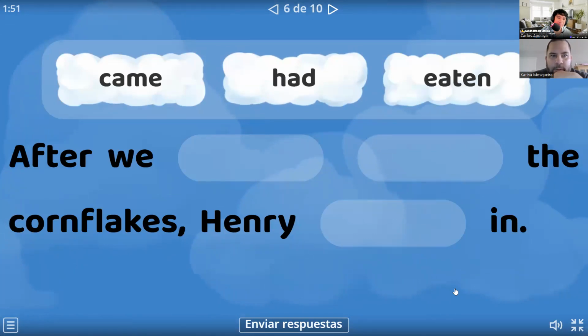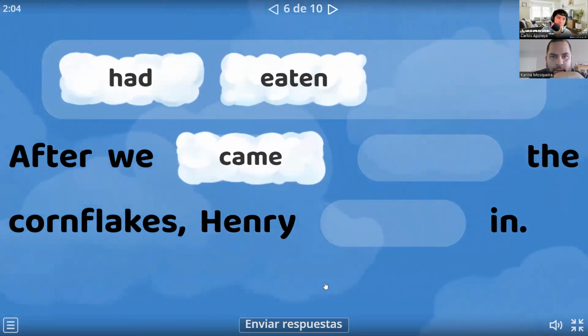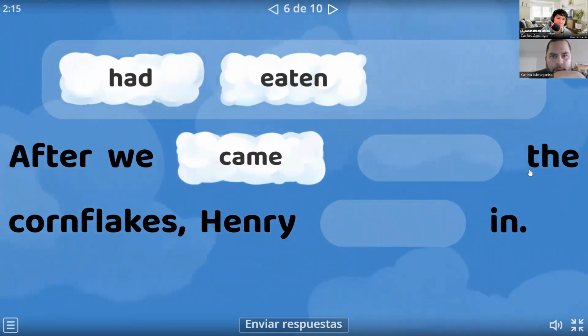After we came... Dice, después de que nosotros venimos, the cornflakes.